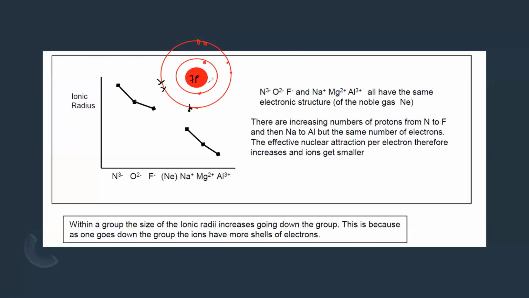But why is oxygen smaller? Because oxygen has a greater charge. You can see, when I draw oxygen, oxygen has 8 protons. And these 8 protons are attracting 8 electrons in the outermost shell.